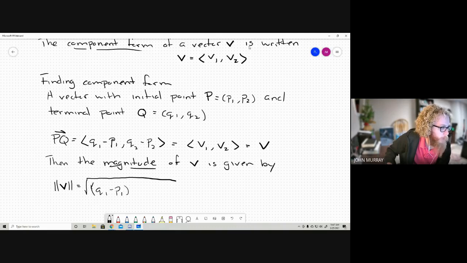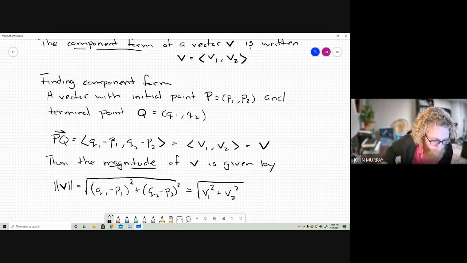I have (q1 minus p1) squared plus (q2 minus p2) squared. But if we have this vector form, if I already calculated v1 and v2, then that's just v1 squared plus v2 squared. All right, so now we have a way to make it a little easier for us.